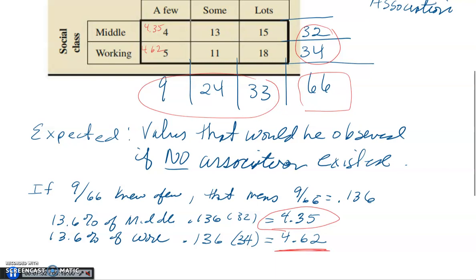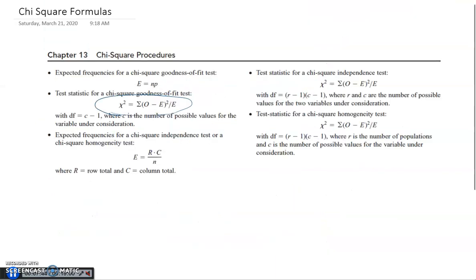Now, I want you to take a moment and let's look at the formula sheet to see how that tells us how to find expected values for a test for independence. Let's go up to our formula sheet. And your test for independence is over here. Notice the chi-square formula is going to be exactly the same as it was for the goodness of fit test.